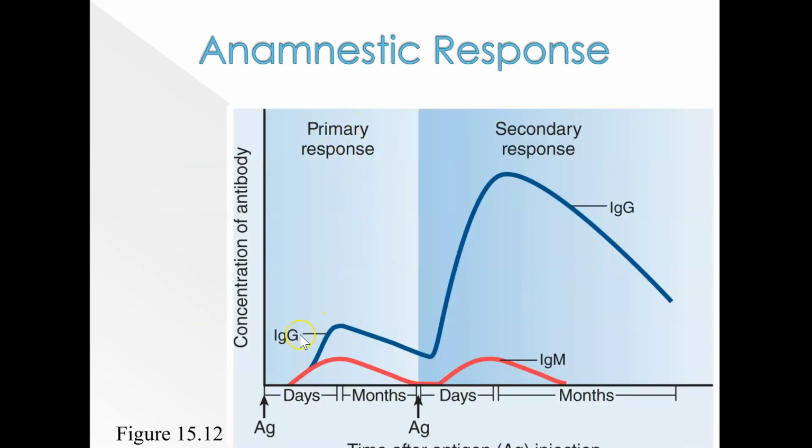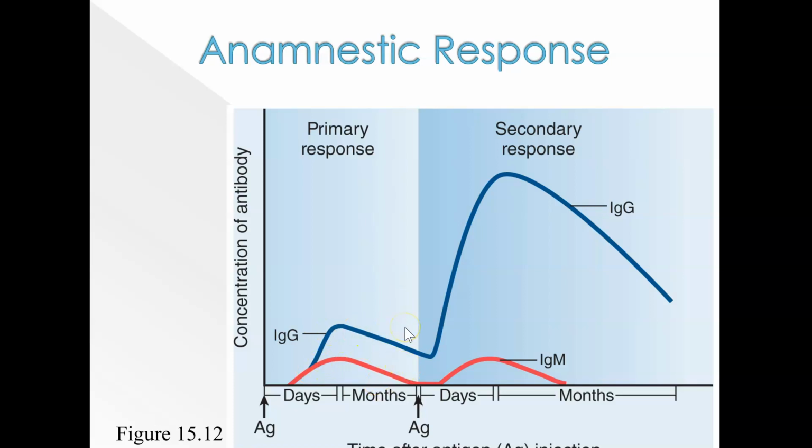So here's our primary response, and you can see there's a very weird x-axis on this guy. So in the time after antigen exposure, you have this initial antigen exposure, you're going to have mostly IgM, a little bit of IgA, but it's going to go away fairly quickly. Again, IgM goes away really quickly, IgG will go away over the next several months.